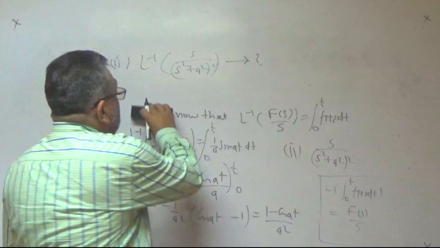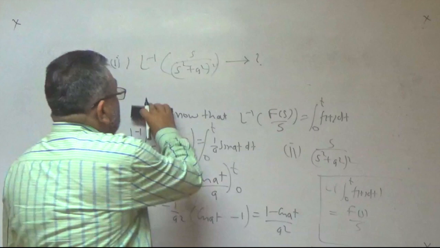If you take sine AT common from the first and third terms, then 1 upon A minus B plus 1 upon A plus B. In the second and fourth terms, if you take minus sine BT common, then 1 upon A minus B minus 1 upon A plus B. If you take the LCM and calculate, this is sine AT, and in the numerator we get 2A upon A square minus B square.